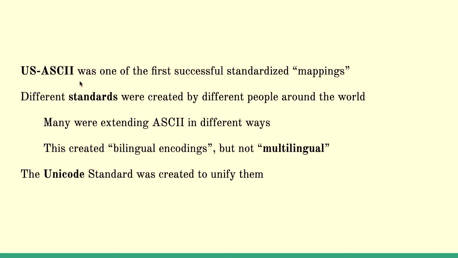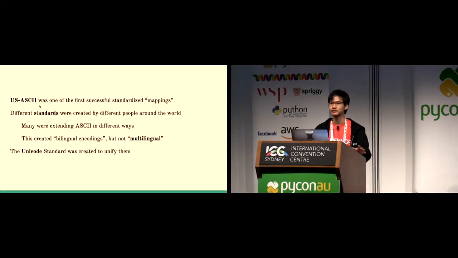So we need to agree on one way to encode all of these letters of the world, all of these languages that have different kinds of glyphs, into one standard that we can all use. So then the Unicode standard was created to unify those encodings.